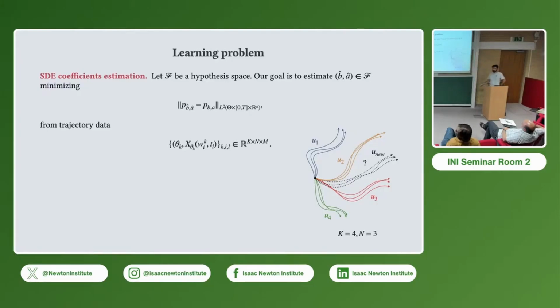I will sample the controls randomly, i.i.d., on the compact set. Theta is the parameter of the control, so it's a parameter of a function.